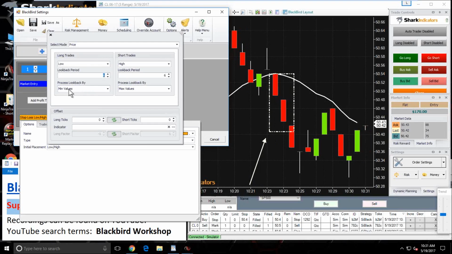So that effectively is the lowest low, looking back 6 bars. Now, if I change this to high, then we would be using the lowest of the last 6 high prices. So out of the last 6 bars, we're going to find the minimum or the lowest high price.